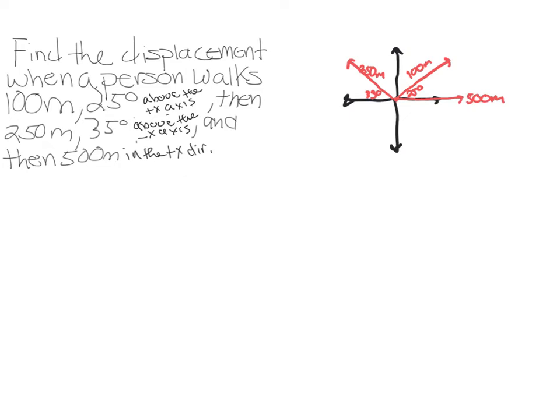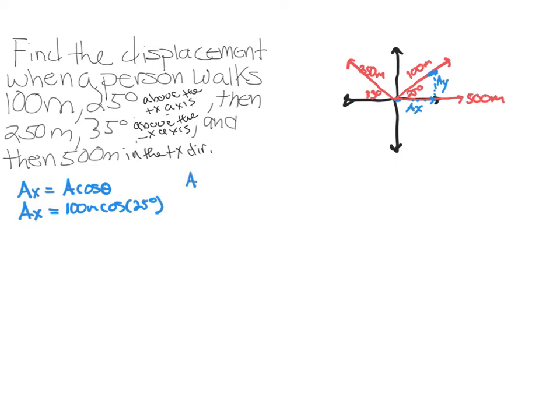All right, so our first vector here, we're going to have Ax and Ay. Since the x component is adjacent to the 25 degrees, I'm going to use cosine for x. And since the y component is opposite to the 25 degrees, I'm going to use sine for y. So Ax equals A cosine theta, which is 100 meters times the cosine of 25 degrees.